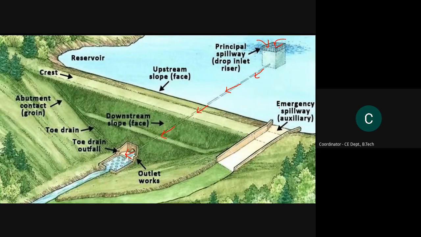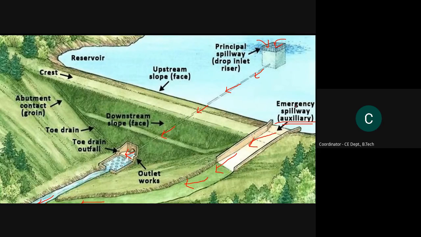Okay, so here another spillway is constructed, which is also called the emergency spillway or auxiliary spillway. This spillway's function is also to pass the excess water, and this water will follow this path and will eventually join this outlet water.